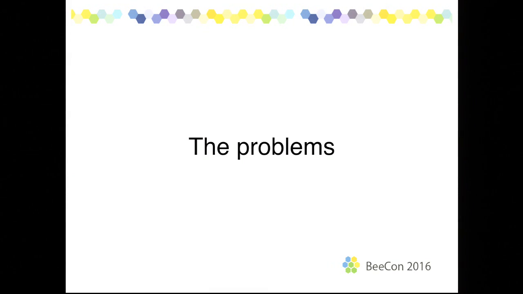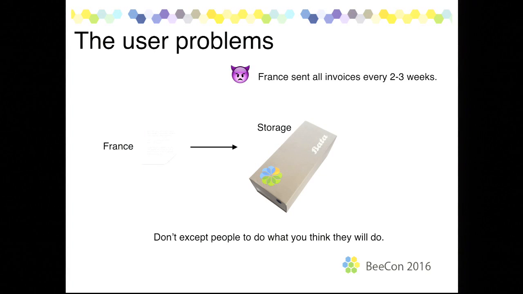So now, negative. The users. This is a big problem of not communicating, or maybe having something that is difficult because it's not part of Alfresco, but it's also part of Alfresco. So in France, we started France in 2014, and we expected all the countries to send an invoice when they get it, basically, and we thought it was 2 or 3 invoices a day, up to 10 a week, something like this.